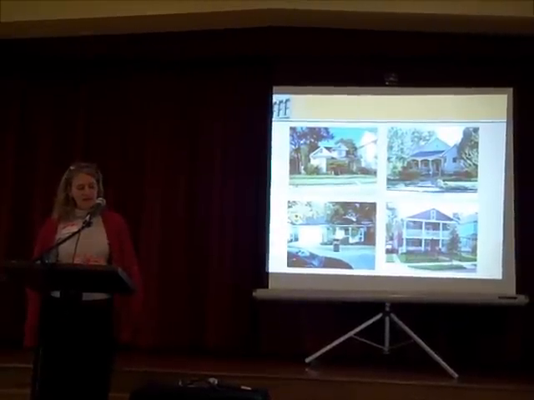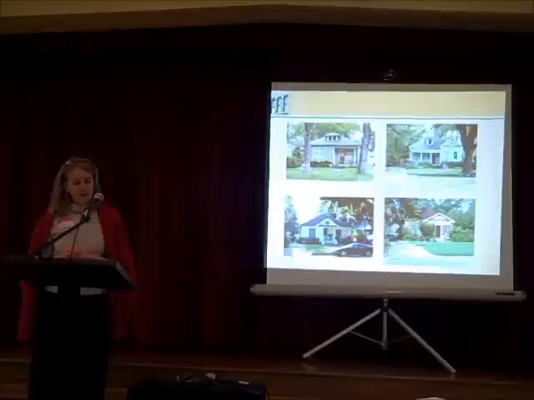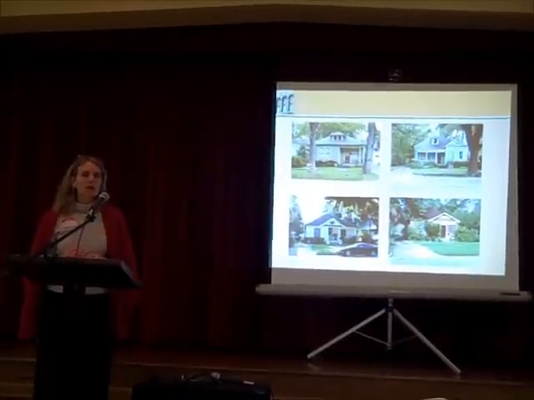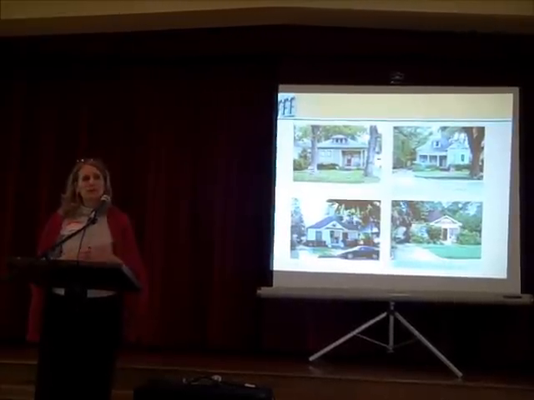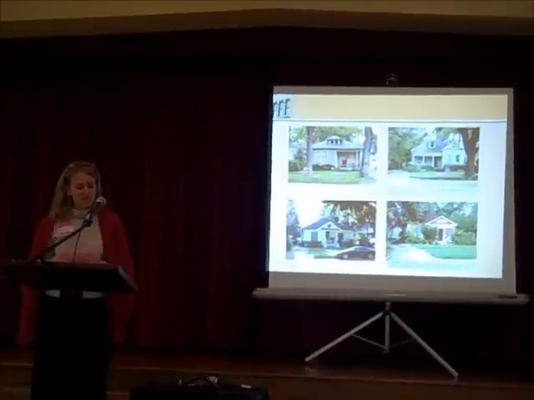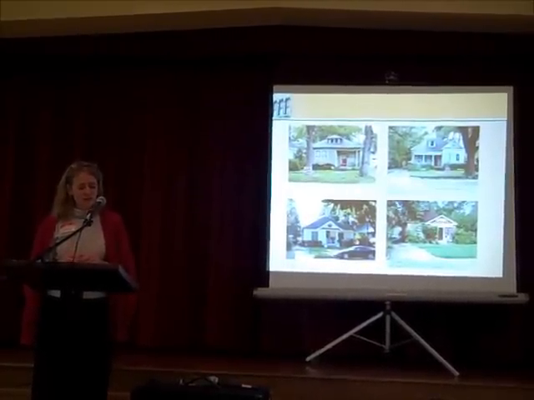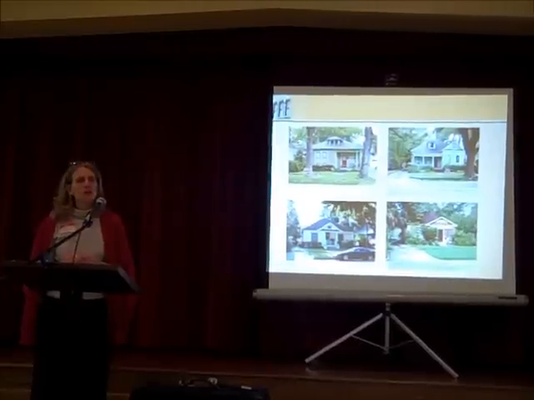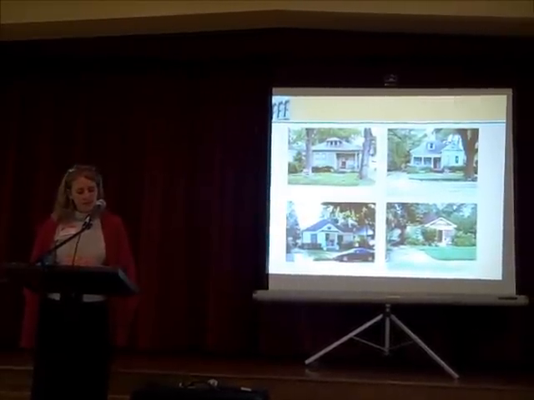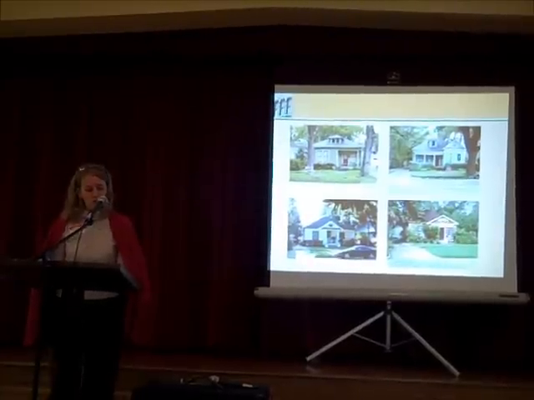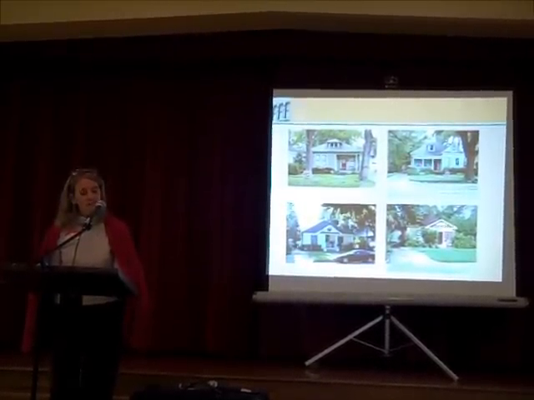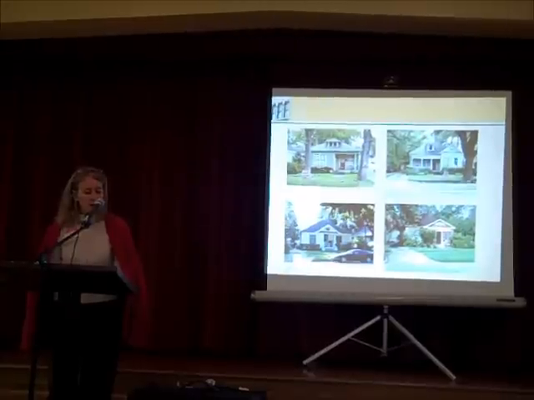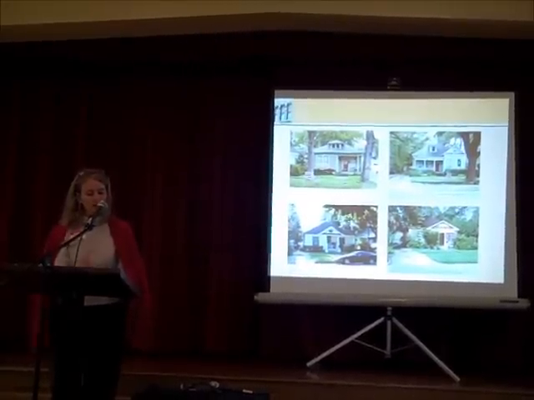Now this next slide, there are 4 pictures here. These are some structures that were potentially contributing when we went through and did some of our historic district designation. On the top left, the alteration was a porch column, and then on the top right you had another dormer. The bottom left they had asbestos siding.